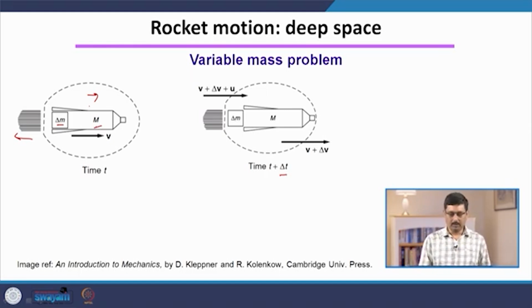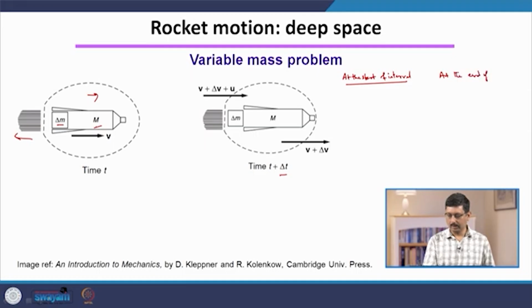For the sake of concreteness, we are going to write the quantities at the start of the interval and at the end of the interval. What is the mass of the rocket?